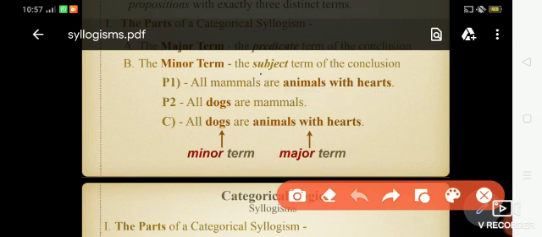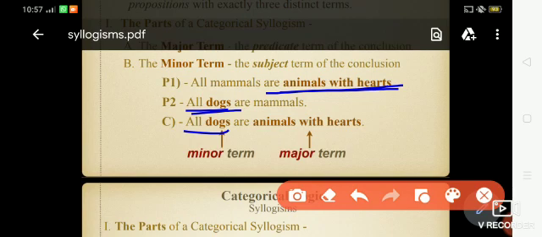What is common in premise 1? Mammals. In premise 2 also mammals is common. So these mammals will be eliminated, and the answer we get is: all dogs are animals with hearts.